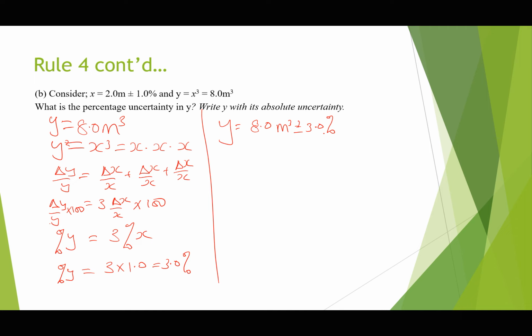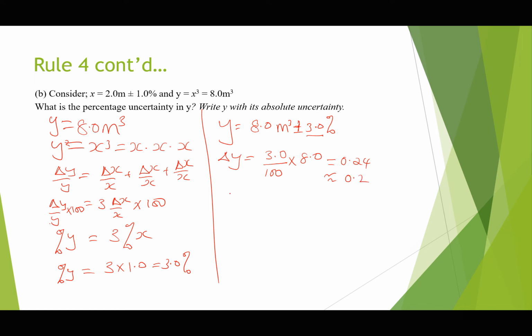Note that very carefully. If I wanted the absolute uncertainty in y, then I can change this from percentage. This is plus or minus. So the absolute uncertainty in y is going to be equal to 3.0 divided by 100 times the true value of y, which is 8.0. 3 times 8 is 24, divided by 100, that is going to be 0.24. Then to one significant figure, this will be equal to 0.2.